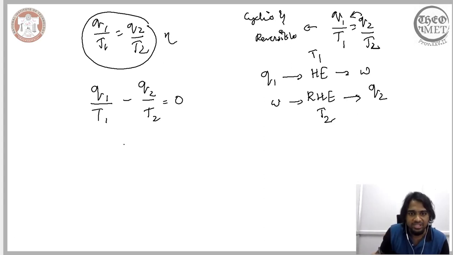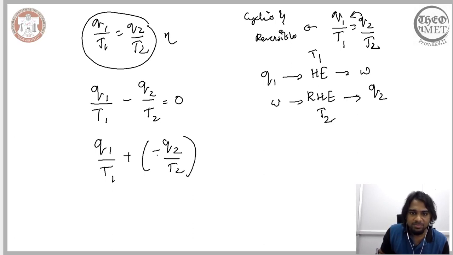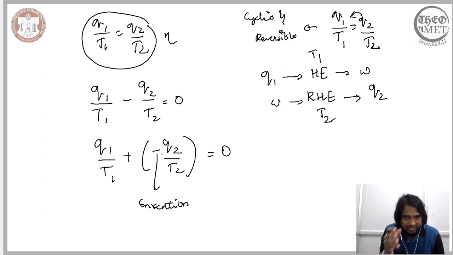The reason I say summing up is because this expression can be written as Q1/T1 plus Q2/T2, and the minus sign is because of the convention. The convention means that the heat Q2, unlike Q1, is not fed into the system but removed from the system, so it is negative, and the summation is equal to 0. So when you sum the heat transfer and the associated temperature for a cyclic and reversible process, it will be equal to 0.